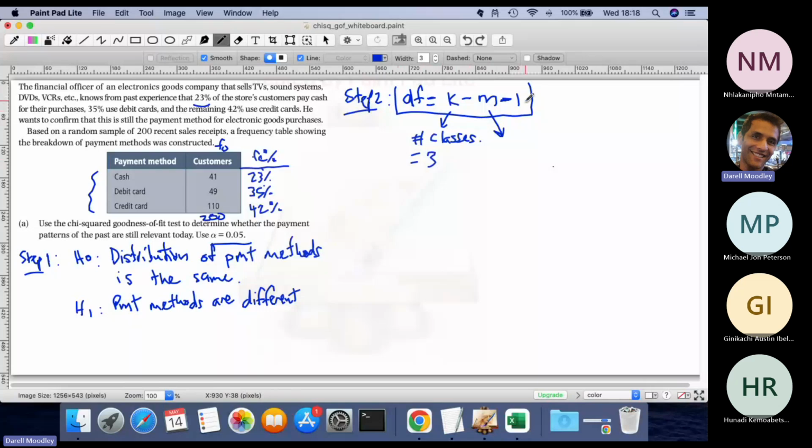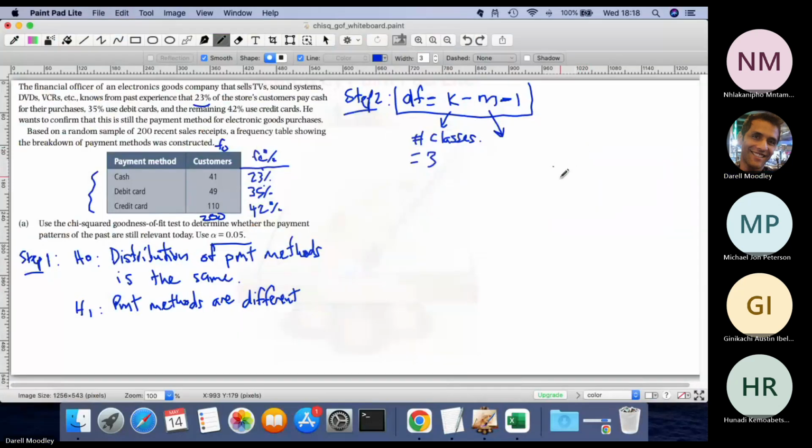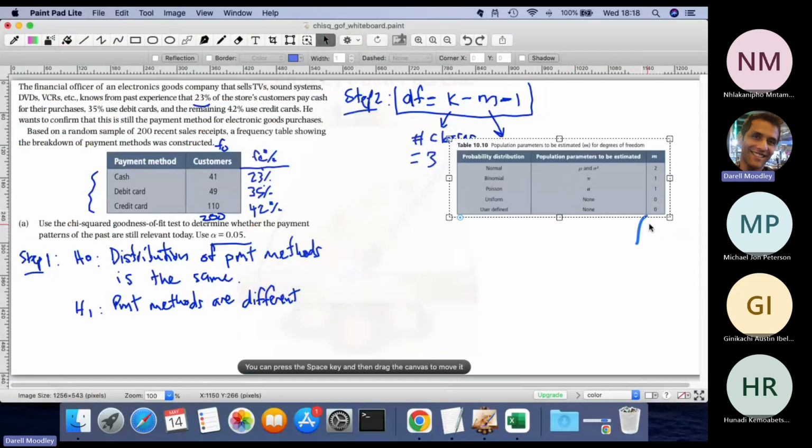Now, what you need to take away from this is I'm going to copy something and paste it here because it's also in your textbook, but I'm just going to put it here so you can see it.